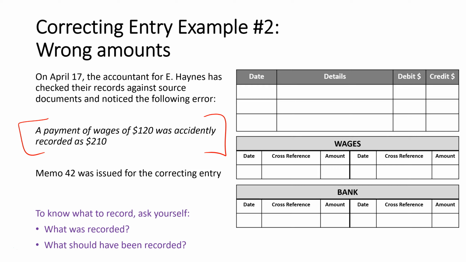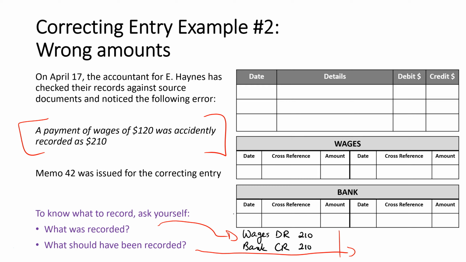So using the same thinking, we need to go back and say what was recorded and what should have been recorded. So if we map those out just over here, just change colours. What was recorded was a payment of wages, so wages was debited $210 and bank was credited $210.